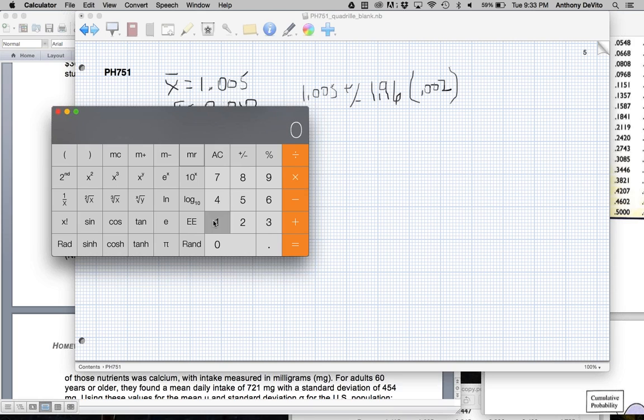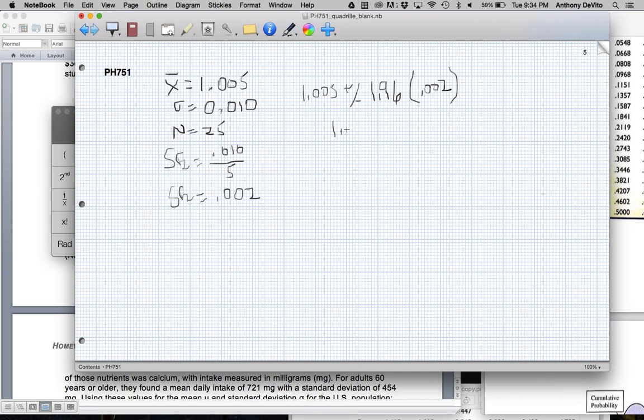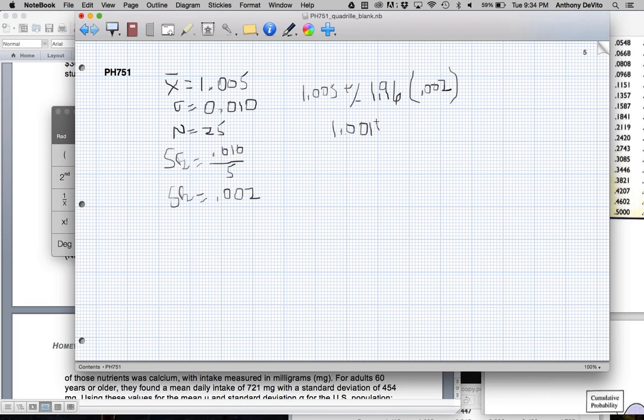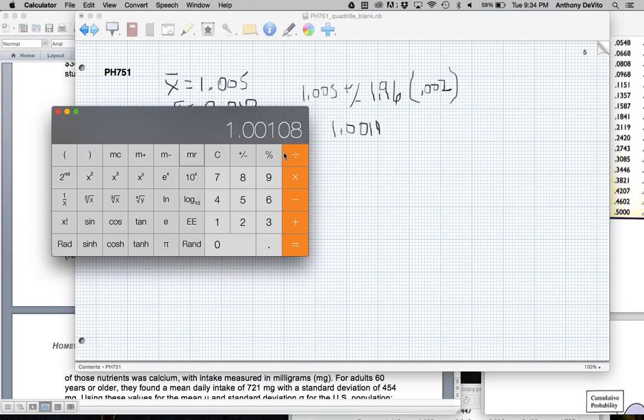I'll clear this, and it's 1.005 minus our margin of error, leaves 1.001. Okay, and I'll add another. I'm going to make it 1.1, right? I'll round that off to 1.1.